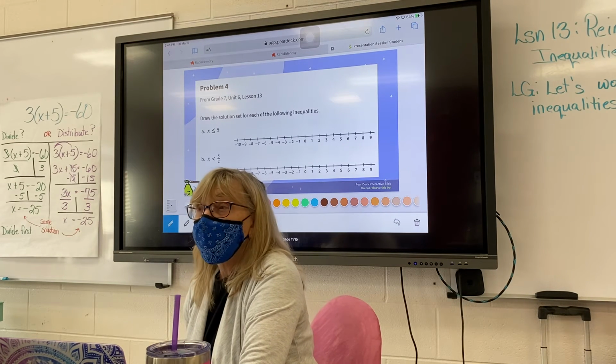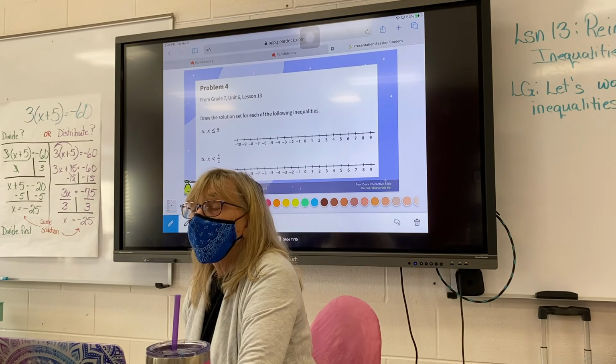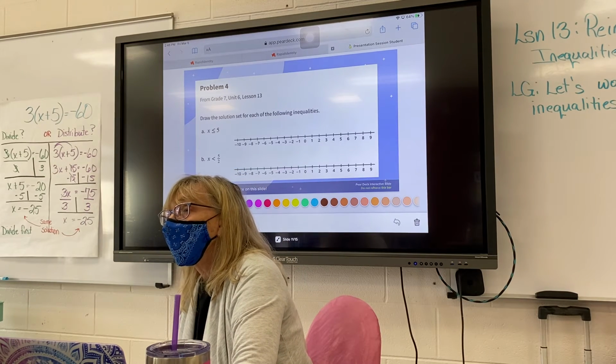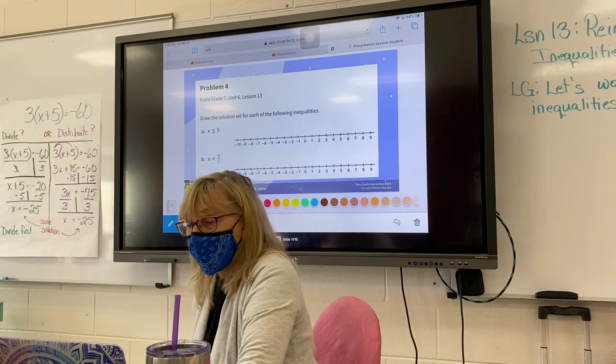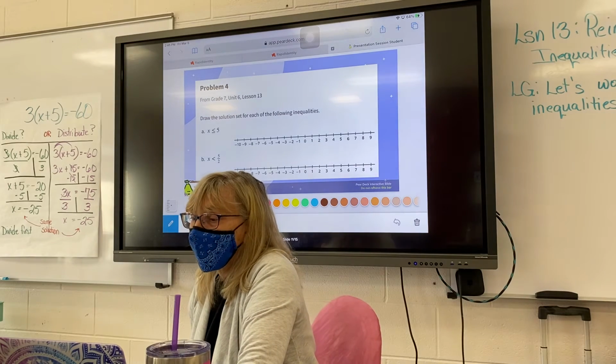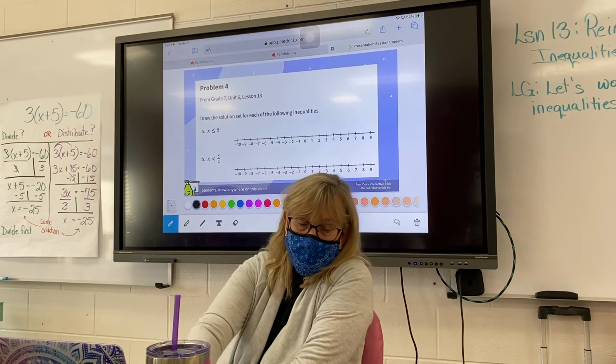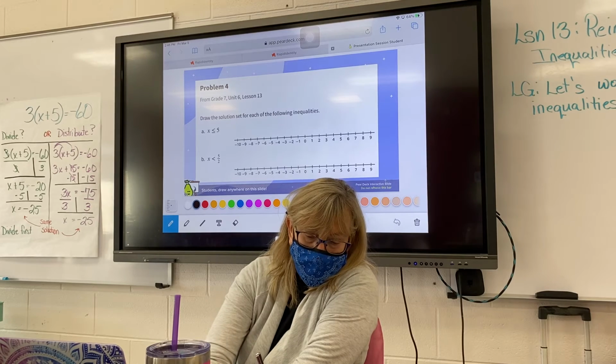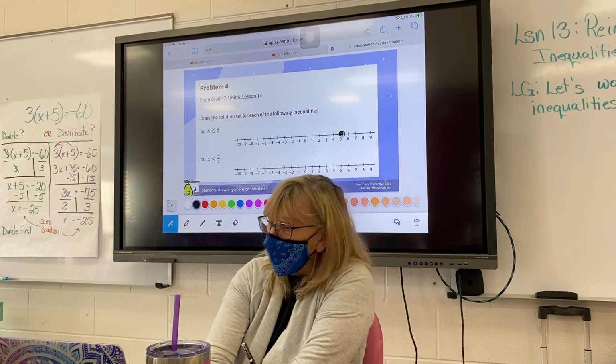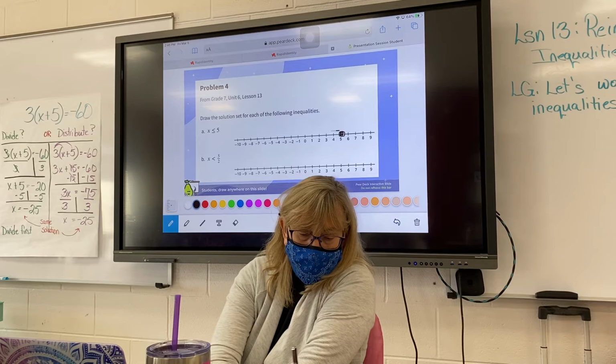Because that sign basically says less than or equal to. So it's included. Good thought. And it's included, so you should have a closed circle on 5. And it looks like everybody shaded in the correct direction.